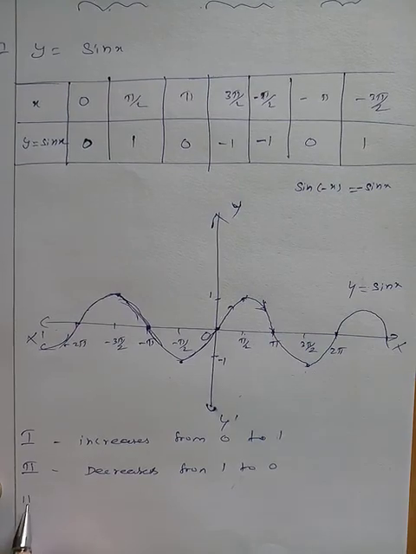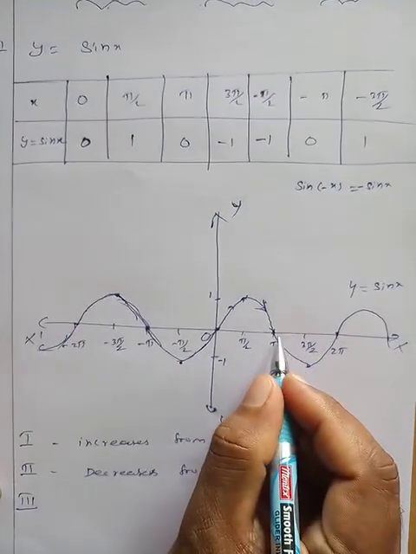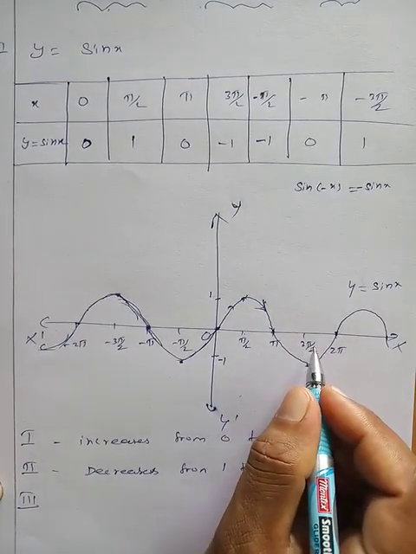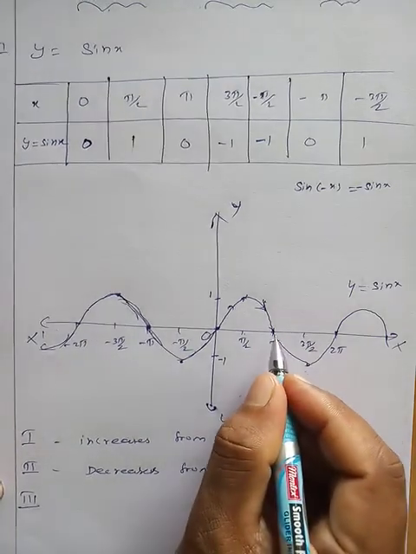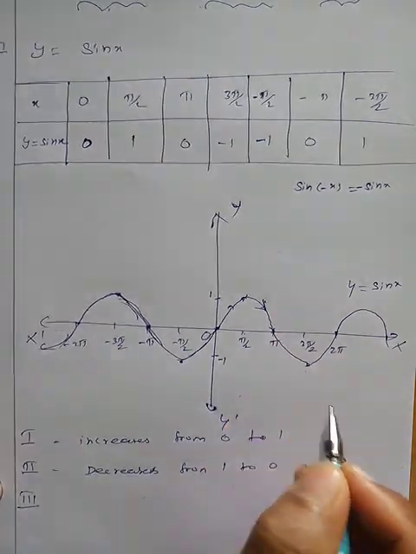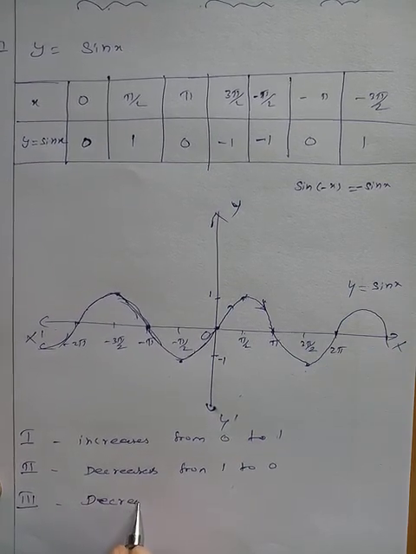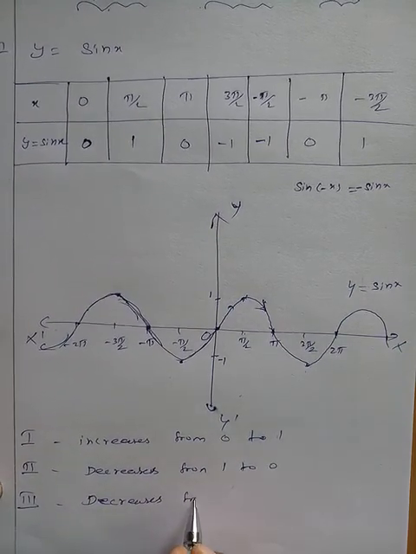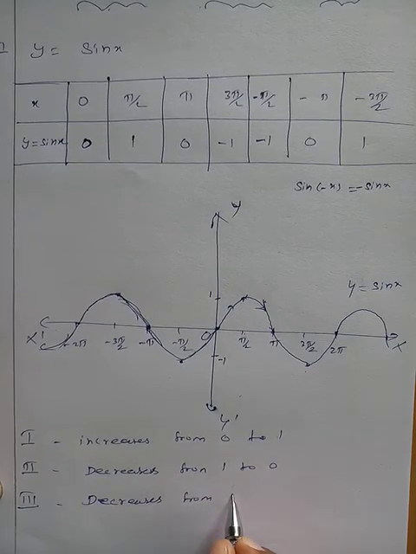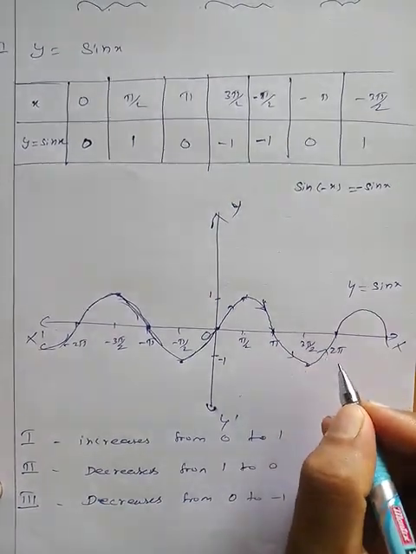Next, the third quadrant, more than pi and less than 3 pi by 2. Here the values are decreasing, decreases from 0 to minus 1. Next again up.